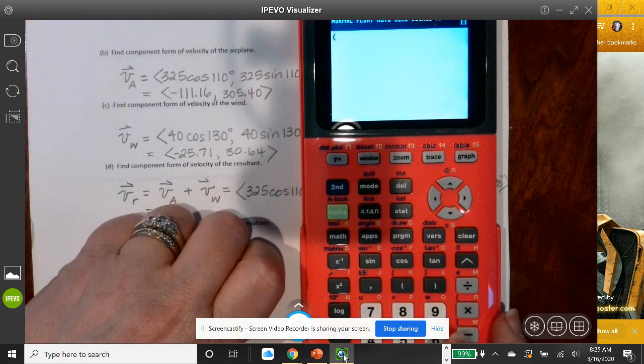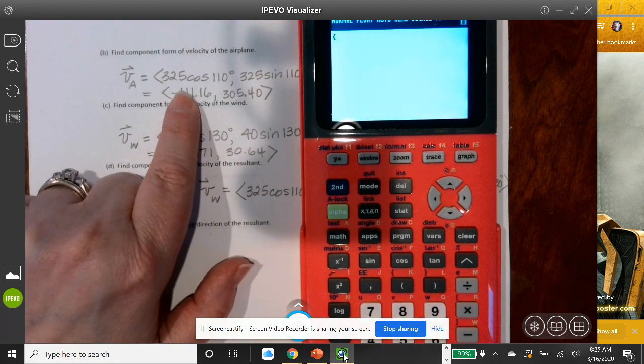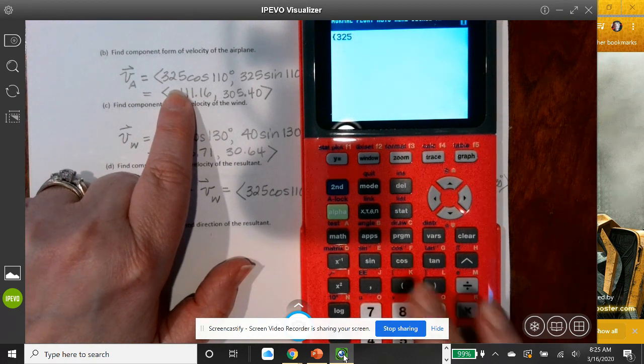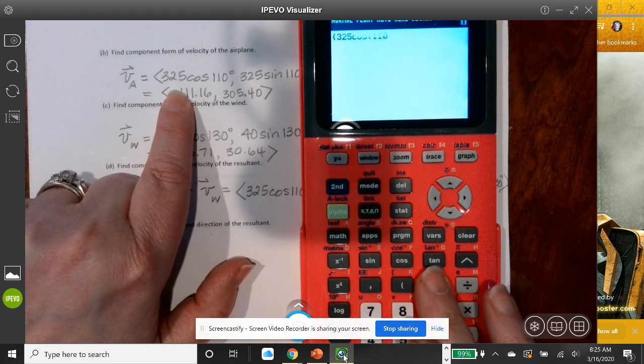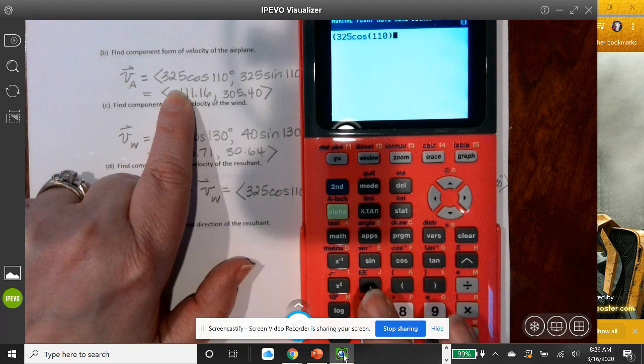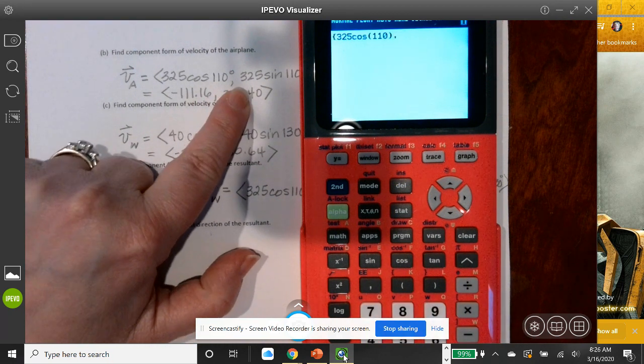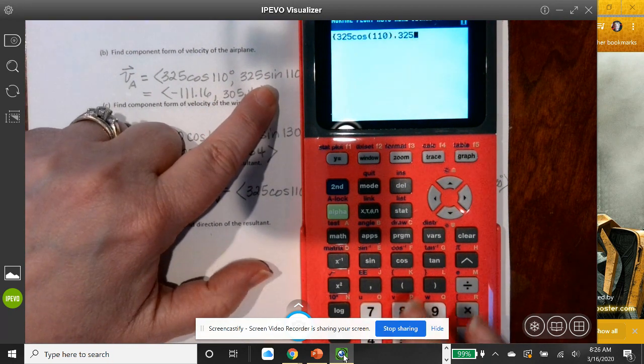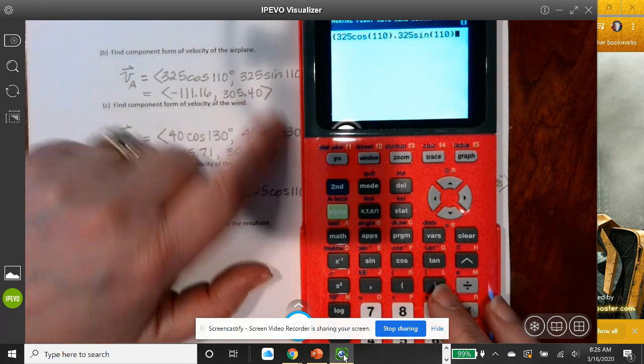My first component is going to be 325 cosine of 110, comma, which is above the 7, 325 sine of 110, and then I close the curly brace.